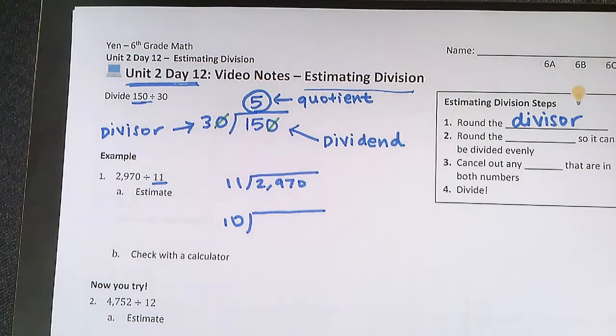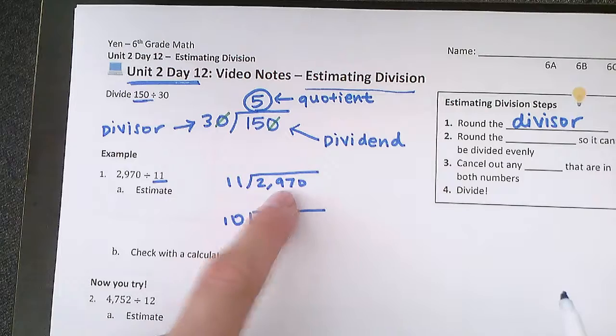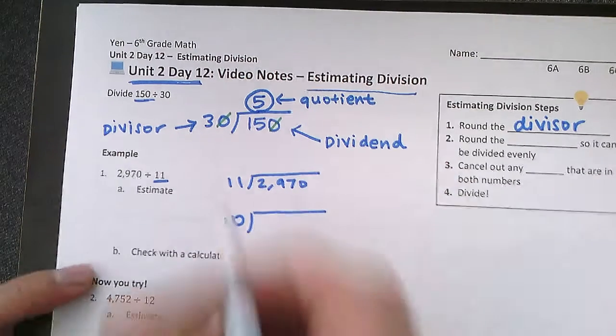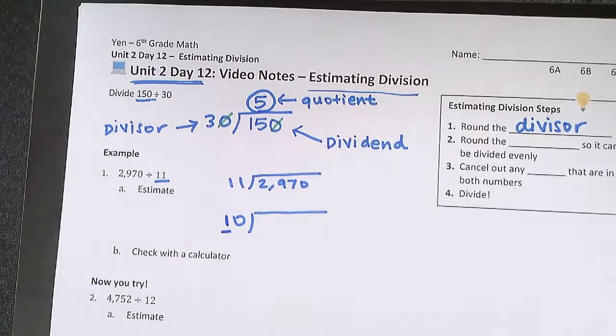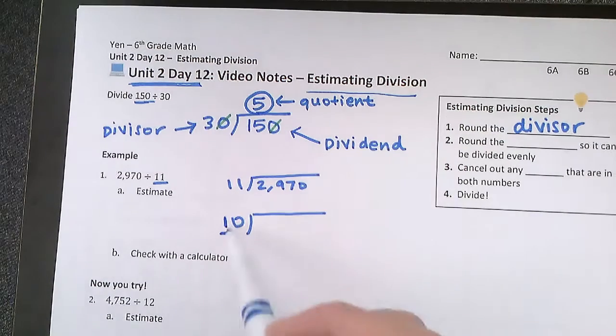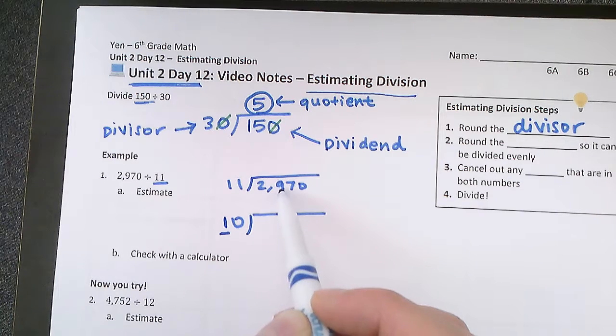And then I look to the right here at 2,970. Let's look at the first digit, which is a 2, and then the digit right after, the 9.